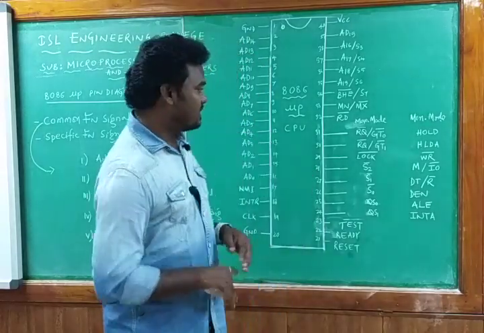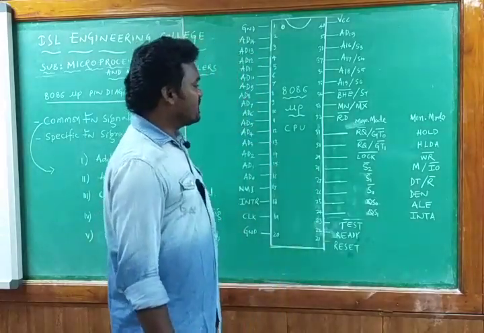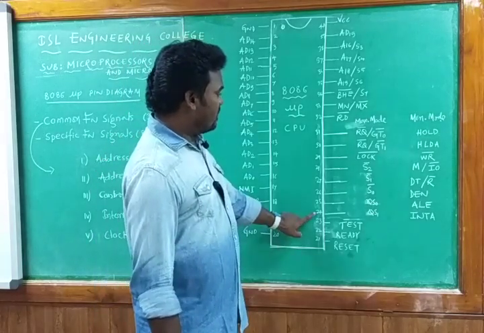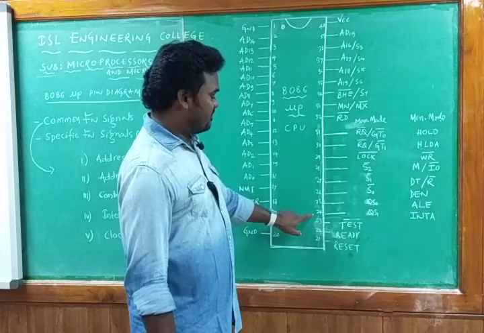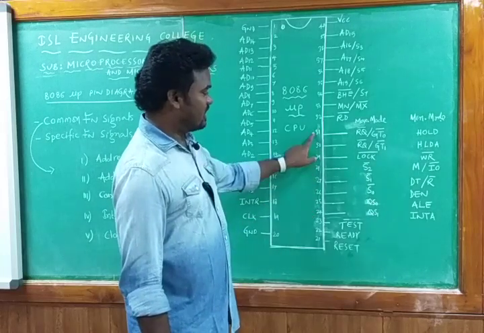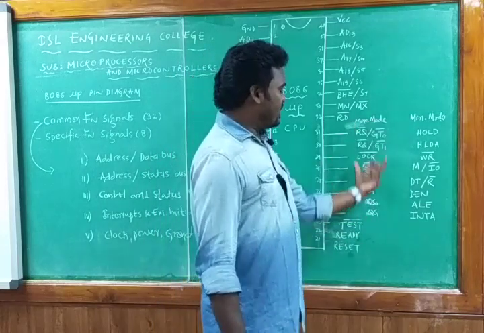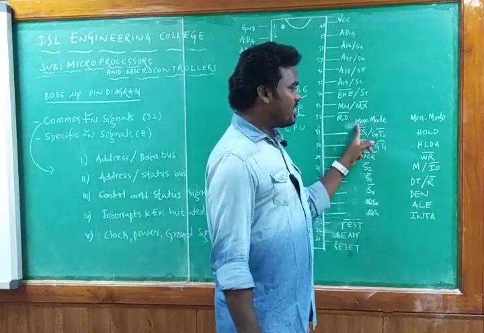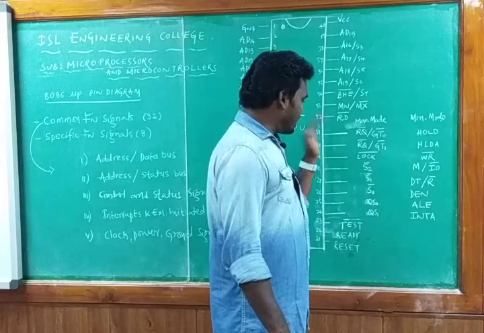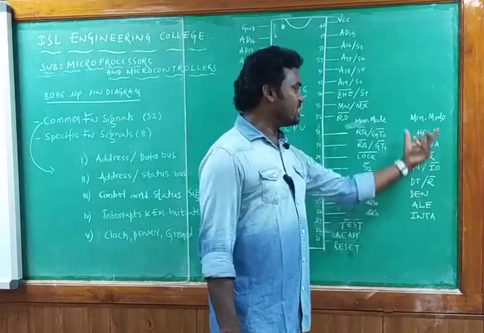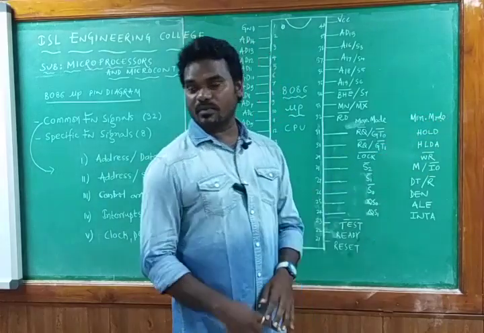If you see the pin diagram of the 8086 microprocessor, from pin 24 to 31, the same pins provide different signals in the maximum mode of operation, and the same pins give other specific functions or signals in the minimum mode of operation.